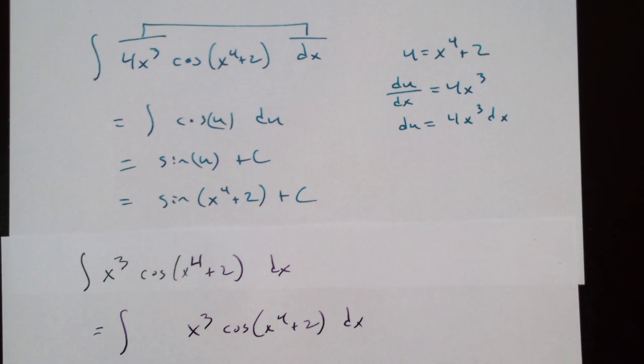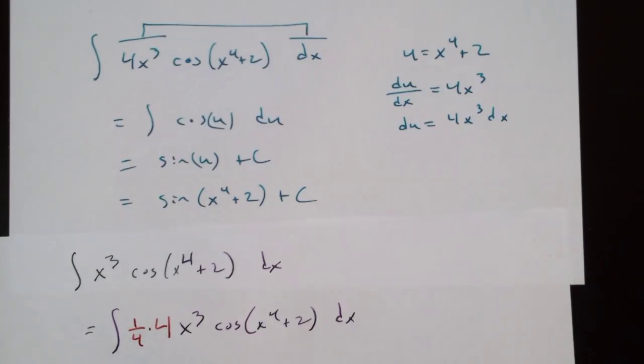I'm going to write the 1 right here by writing 4 times a fourth. That gives me the 4 I need, right? But what do I do with the 1/4?